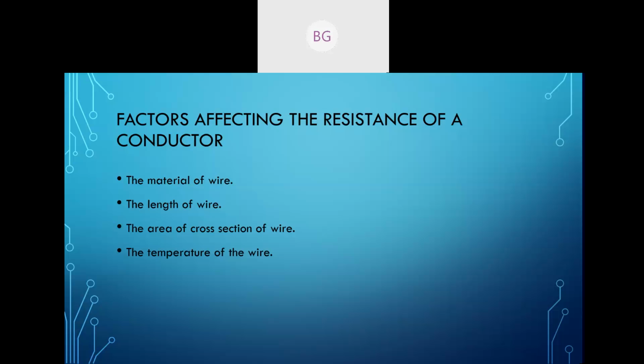That is, the opposition to the flow of current is very high, due to which they won't allow the current to flow through them. So the materials having high resistance do not allow current to flow, and materials having low resistance allow current to flow. So the first factor is the material of the wire.